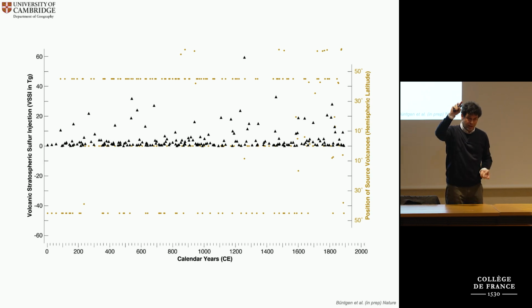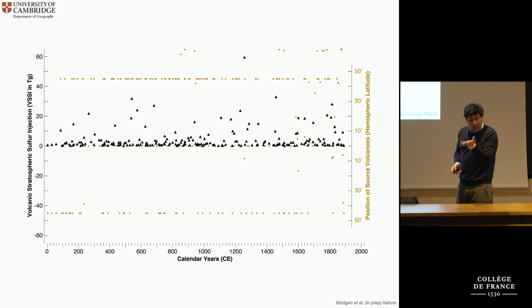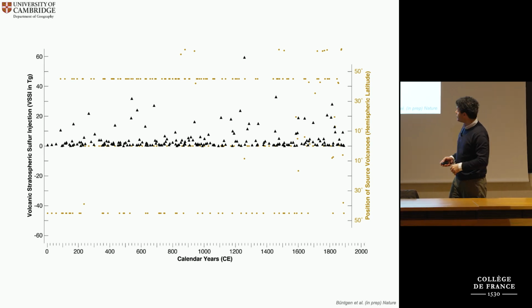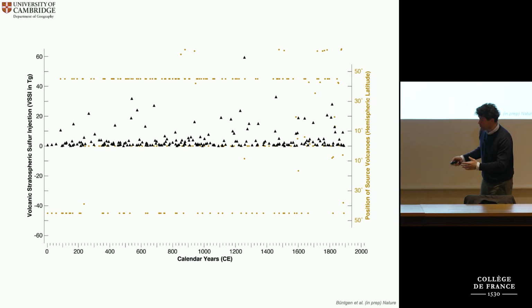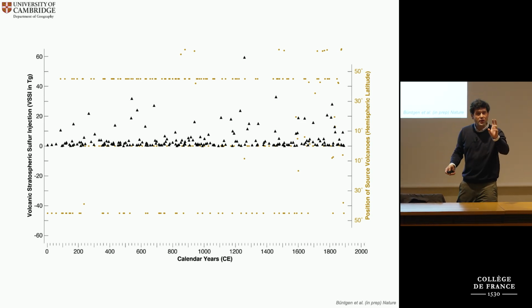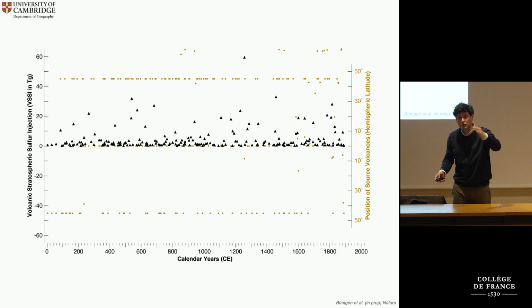Ice cores, Greenland and Antarctica, and there we have depositions of sulfur. So the black triangles, so we are now looking at the last 2,000 years again, right? It's the Common Era. The black triangles refer to volcanic induced sulfur depositions in ice cores.